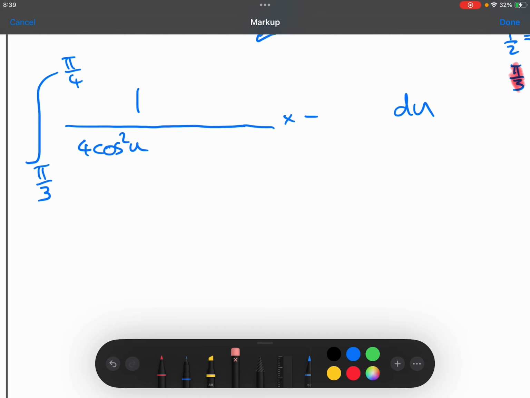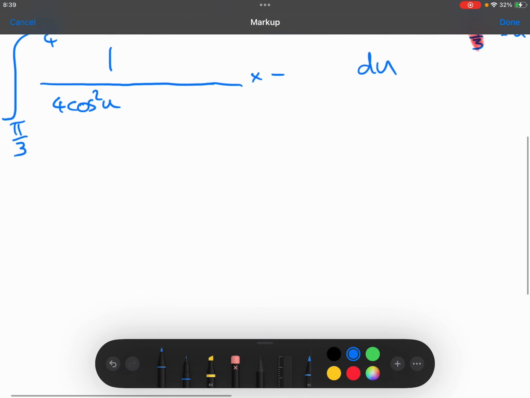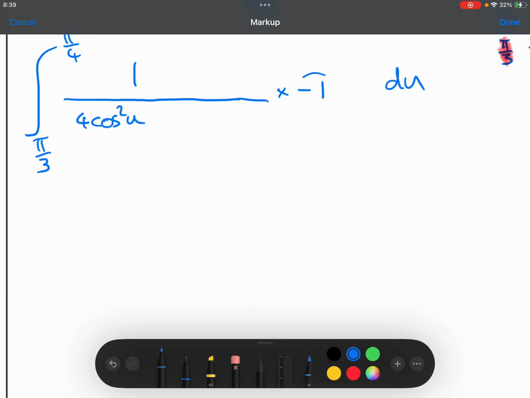And at this point, let me rewrite this integral again, because I'm going to take this minus 1 here and use that to flip these limits around, just so I have the bigger limit on the top and the smaller limit on the bottom.